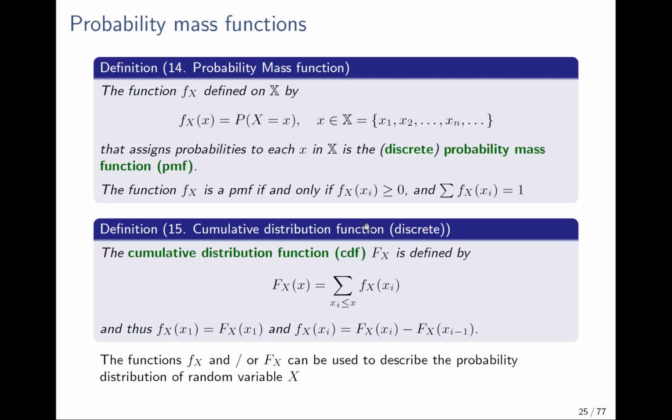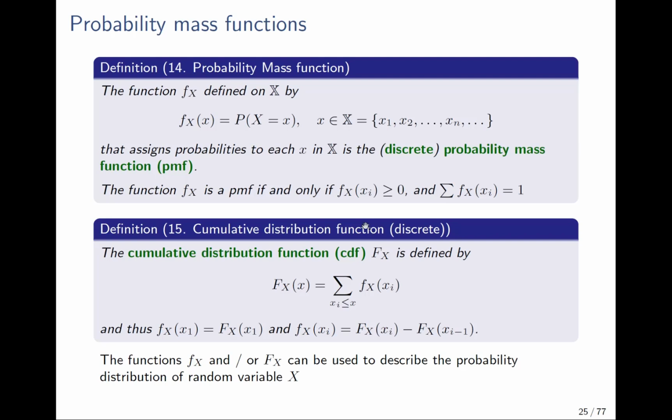As I said, the rules of probability must apply, and the function f of x is a probability mass function if and only if the probabilities it generates are non-negative, and the sum of those probabilities must come to 1. So this is simply applying axiom 1 of probability, and this is simply applying axioms 2 and 3 of probability to be consistent. Okay, so the probability of the entire sample space must equal 1, and there must be a sum over disjoint sets within the distribution. So that's what this is saying. That's the probability mass function.